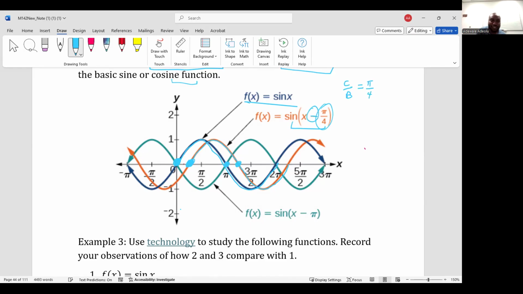Remember that this negative is coming from the general form, A sine B into x minus C over B. So that negative is coming from that general form. The C over B itself, that is the phase shift itself, is positive, pi over 4. And that is why it is a shift to the right.